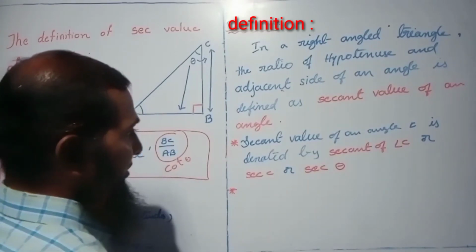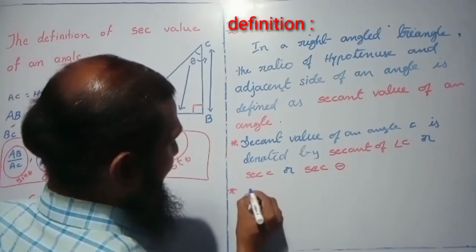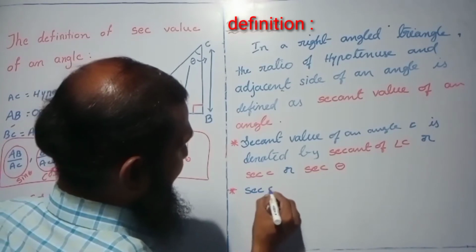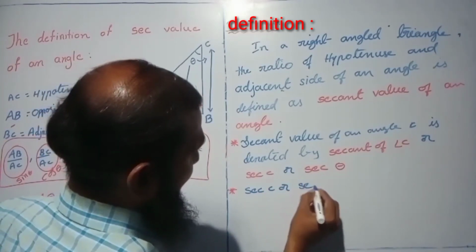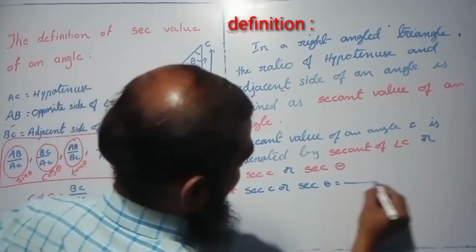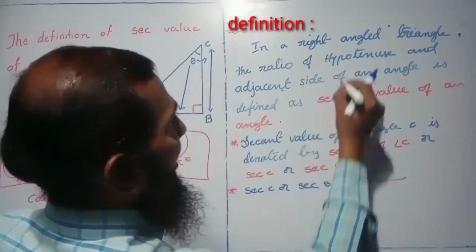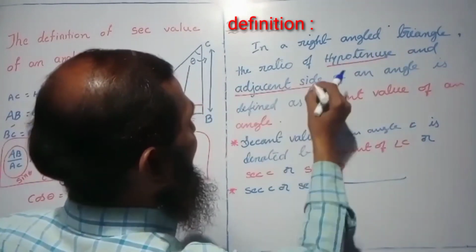So simply we write: secant C or secant theta is equal to hypotenuse over adjacent side.